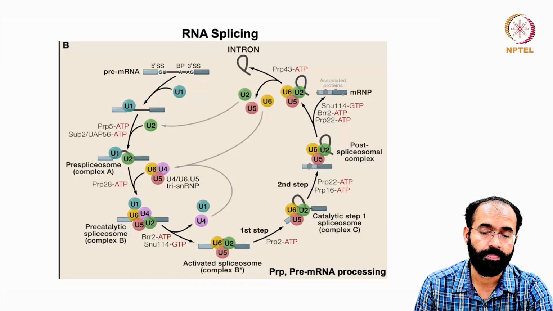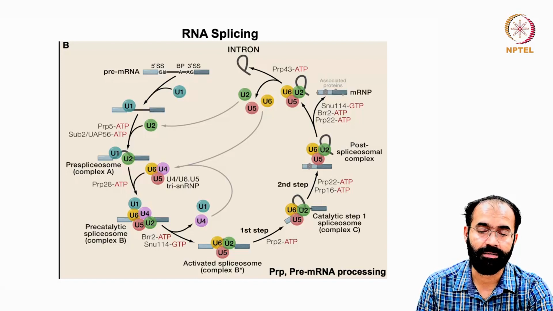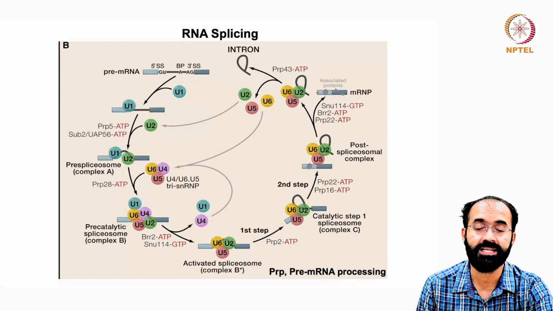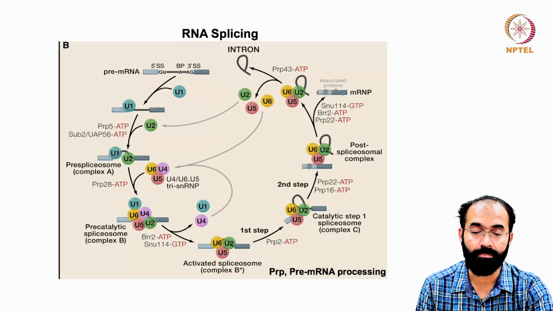At this stage there is SNU114 with GTP, BRR2 with ATP, PRP22 with ATP. These molecules are involved and they release the mRNP. That is, quite a lot of proteins are still associated with the spliced, exon-bearing RNA. That is why, instead of mRNA, we call it mRNP.